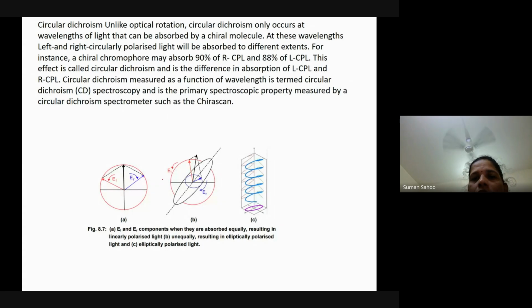When you pass them through a chiral medium or any dissymmetric molecule, suppose the right circularly polarized light is absorbed more. Then its vector will be less as compared to the left circularly polarized light. So that is no longer circularly polarized light; it behaves as elliptically polarized light.